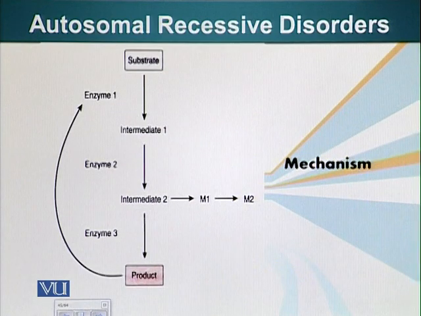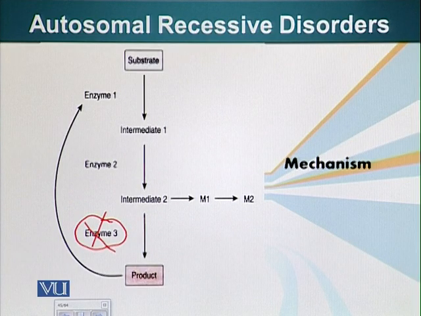So how does mutation in enzymes cause a disease? There are two ways, two mechanisms. First of all, we know that our metabolism is organized in such a way that the product of an enzyme is substrate of the next enzyme in the subsequent step. So here we have a product. Let's say that there's a mutation in enzyme 3.